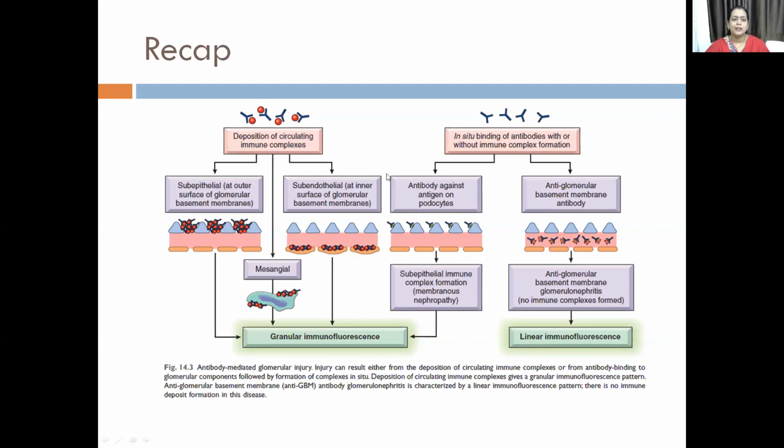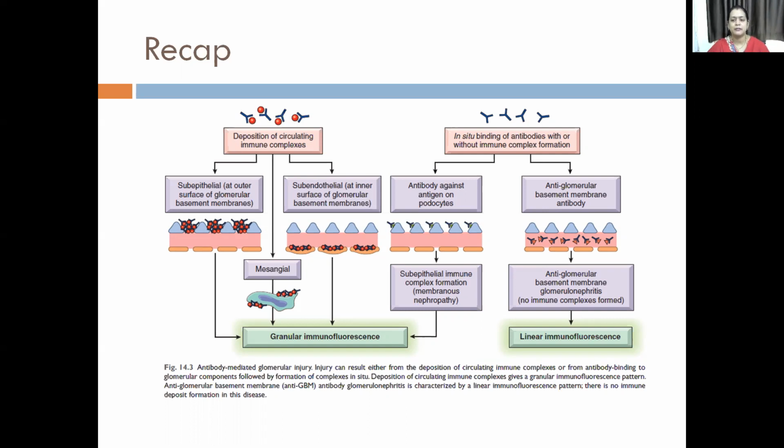So here we can see this diagram depicting the deposition of immune complexes, which will result in two types of immunofluorescence: either granular immunofluorescence or linear immunofluorescence. Linear immunofluorescence is seen in only one condition, anti-glomerular basement membrane antibody disease.